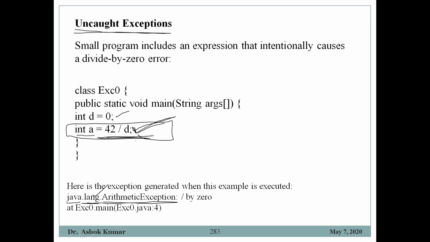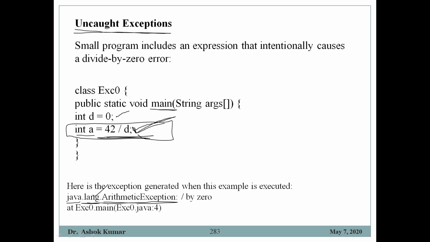Here Java will create the object of the ArithmeticException class, and then the method main will throw that exception. When an exception is thrown by a method, then an exception handler is executed. The exception handler will start executing, and it will catch that exception.